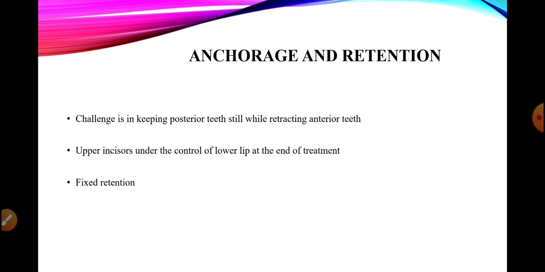And in growth modification or jaw orthopedics, we talked about that if it is a maxillary problem, then we'll be going for jaw orthopedics, and if it is a mandibular problem and retrognathism, then we'll be going for functional appliances.